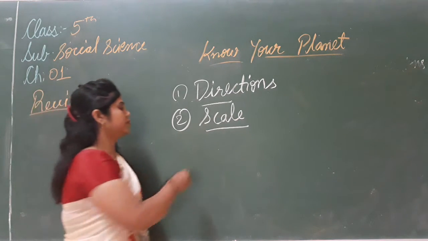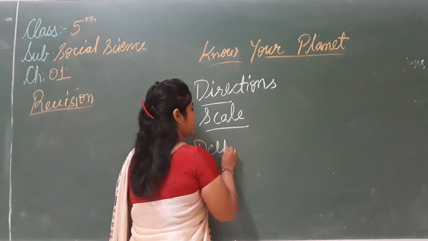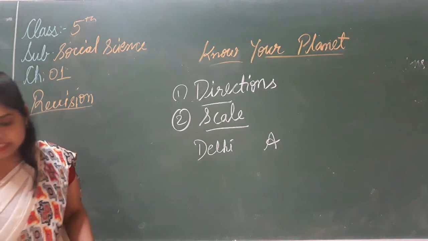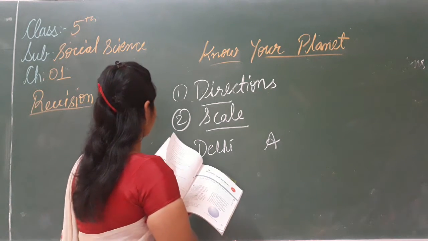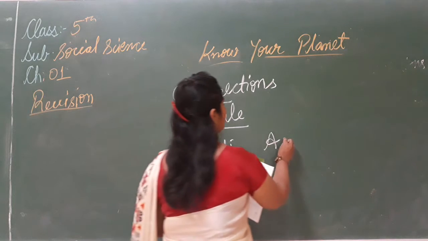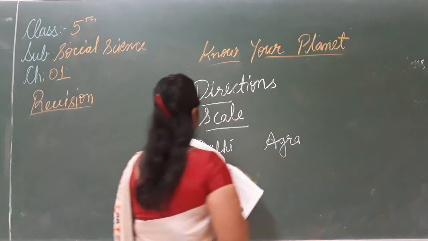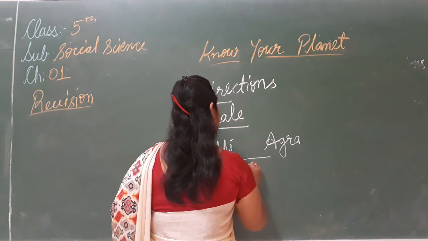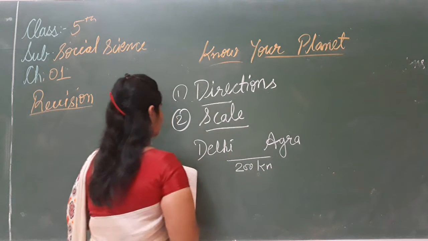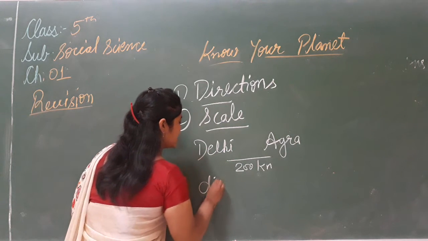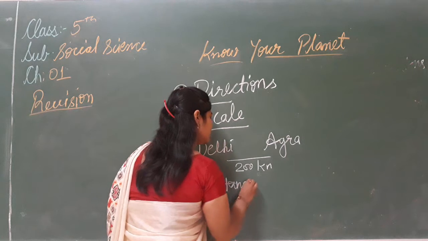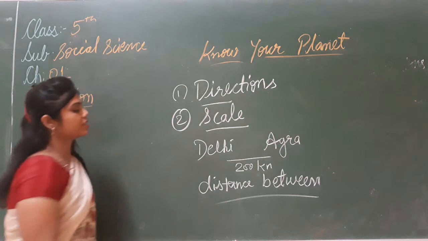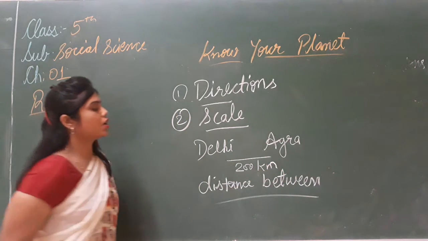For example, in this book, the distance between Delhi and Agra is 200 kilometers.